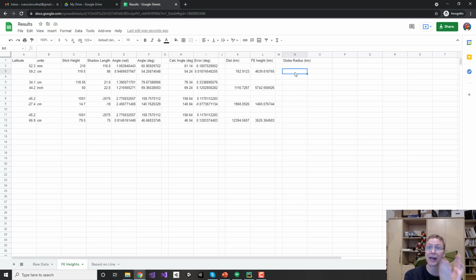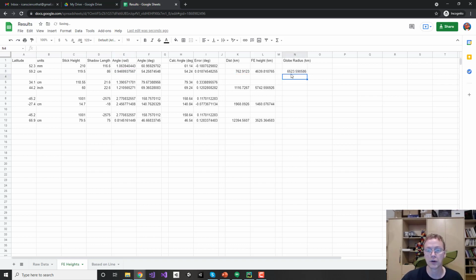What would that section's radius be? We're going to go through these different sections and see how the curvature varies. So what was the math for that? We're going to need the distance between the sections, and we'll divide that by the difference in the angle, in radians.